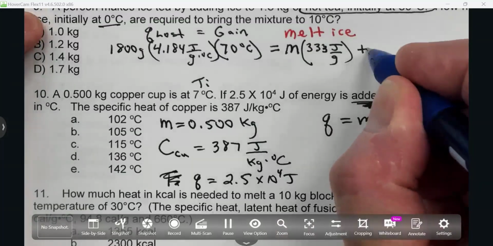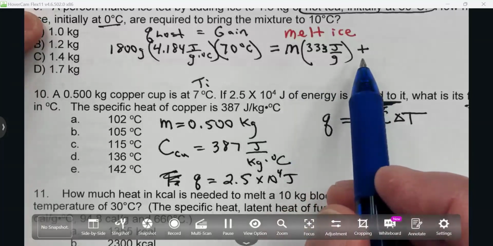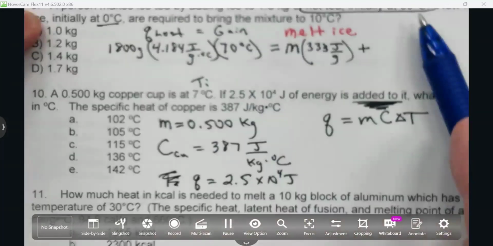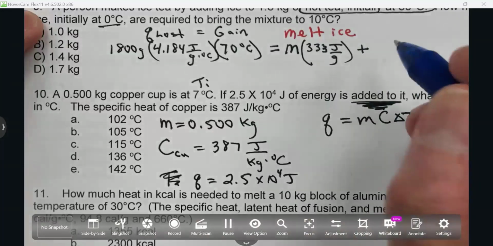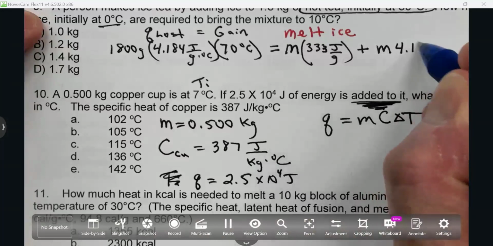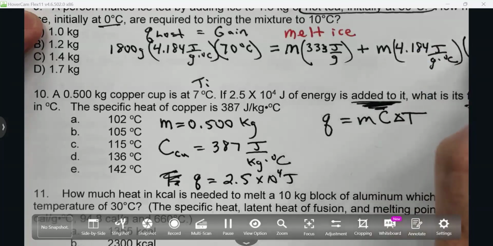Plus, now that melted ice, once we melt it, it's at 0, correct? Once we melt it, we got to increase it 10 degrees, correct? So that's going to be that same mass times the specific heat of that water, because we have it melted. And my temperature change here is 10.